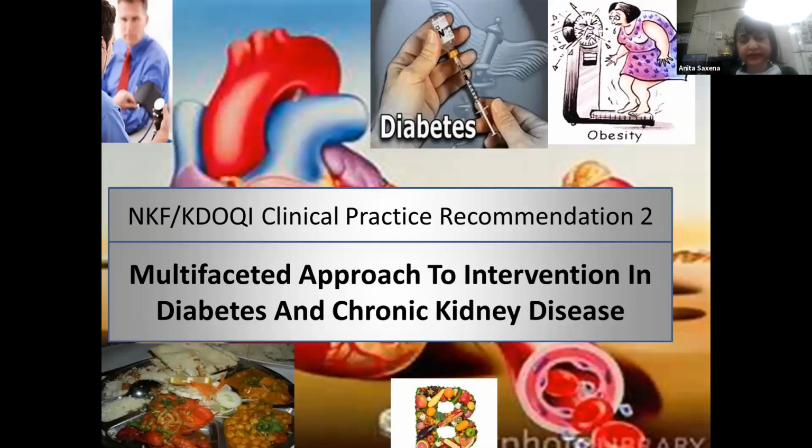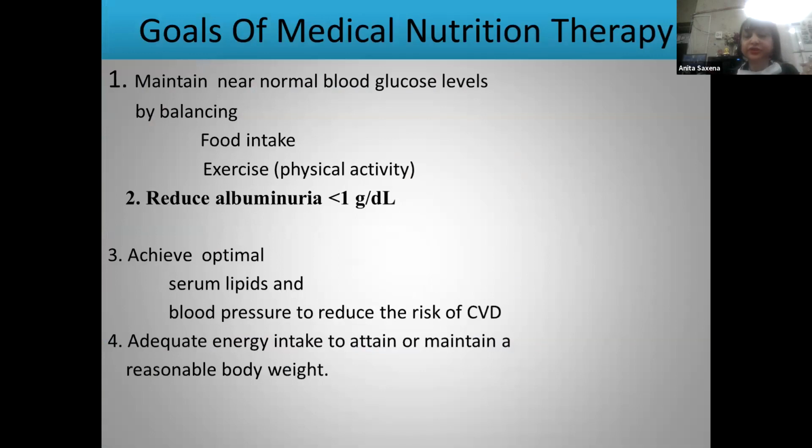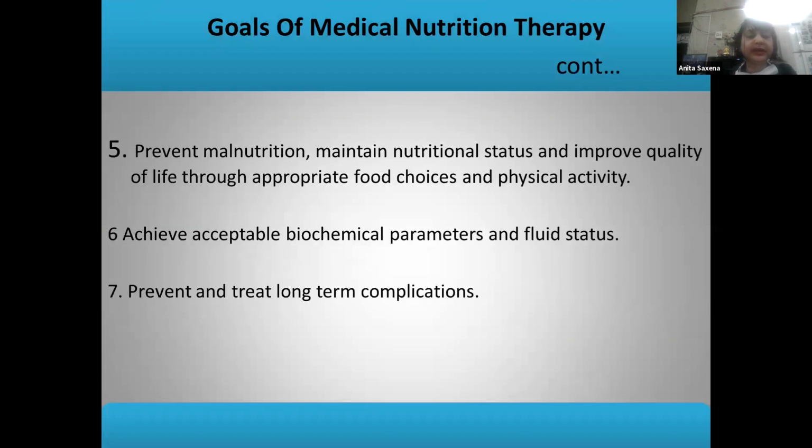This requires a multifaceted approach to intervention in diabetes and chronic kidney disease. So the goals of medical nutritional therapy here are to maintain near normal blood glucose levels by balancing food intake and exercise, reduction in albuminuria, achieving optimal serum lipids and blood pressure, and reducing the risk of CVD, adequate energy intake to attain or maintain a reasonable body weight, prevent malnutrition, maintain nutritional status, and improve quality of life through appropriate food choices and physical activity, achieve acceptable biochemical parameters and fluid status, and prevent and treat long-term complications.